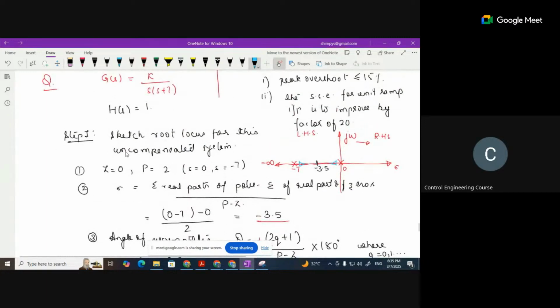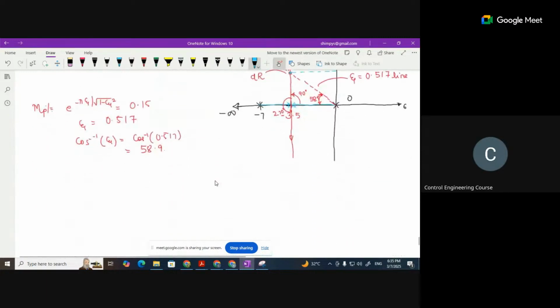Step number 1 is to sketch the root locus, which we have done. Step number 2 is the value of K at DR. This DR represents your dominant roots, or dominant poles, as they are also referred to.